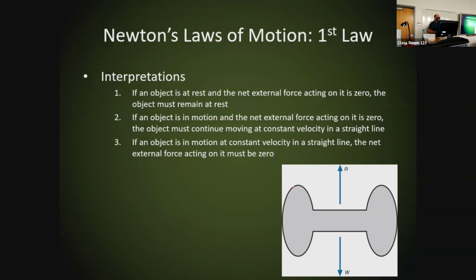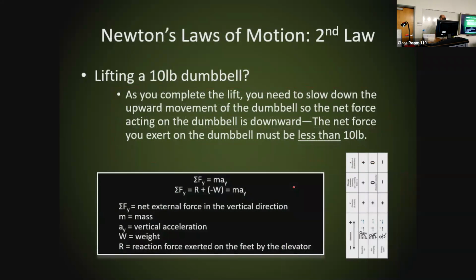So as the dumbbell is moving from your starting position throughout the range of motion to the ending portion, maybe the top of a barbell or dumbbell curl, if the weight could talk, it would say, I feel normal. I feel like a normal 10-pound dumbbell. And then once we start getting to the end of that particular motion, as you complete the lift, you're going to start to slow the weight down.